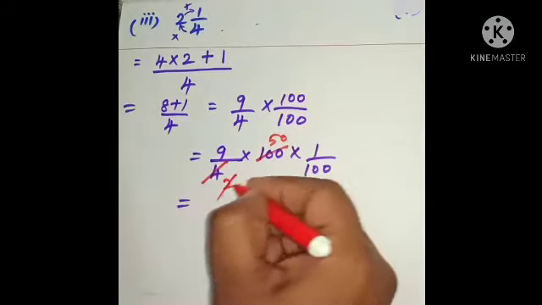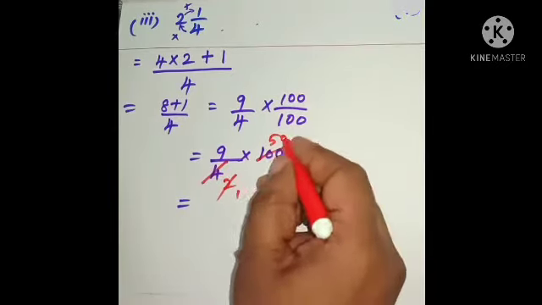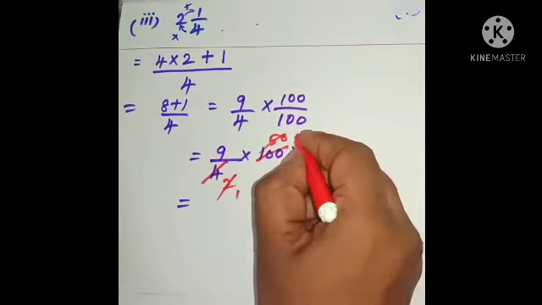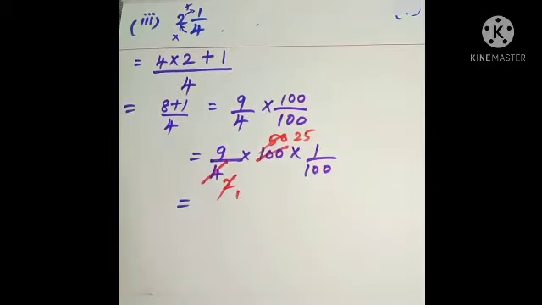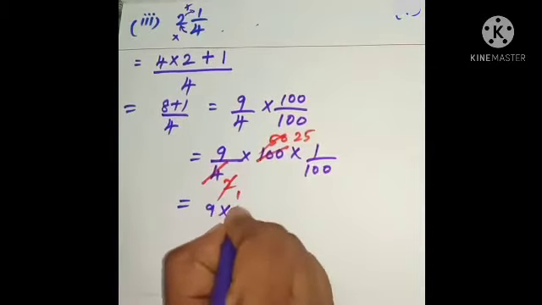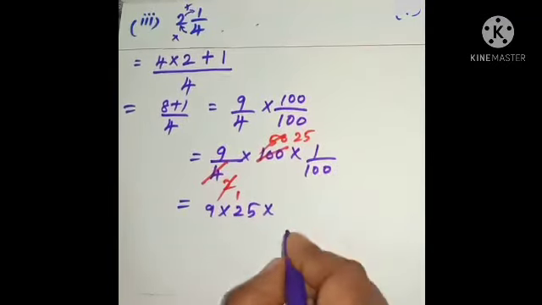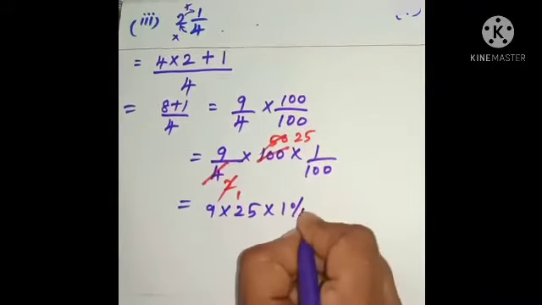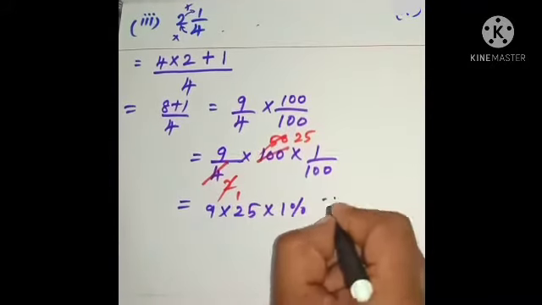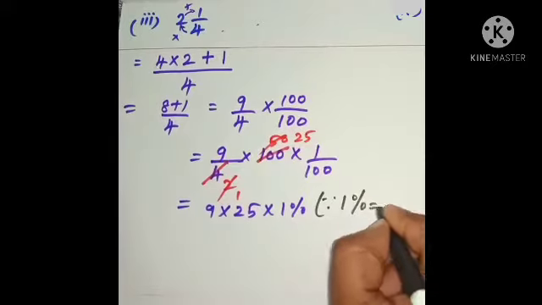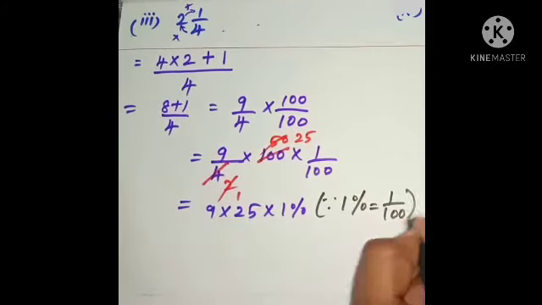And again when we cancel the denominator and numerator by 2 table, here it is 25 times. So 9 into 25, and what about 1 by 100? It is 1 percentage, because we know that 1 percentage is equal to 1 by 100.